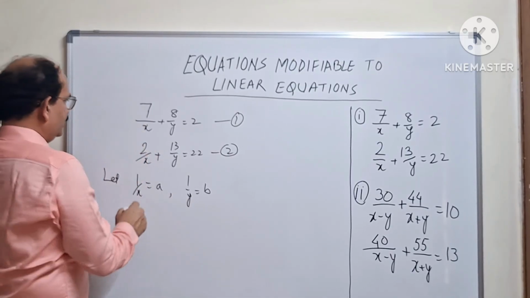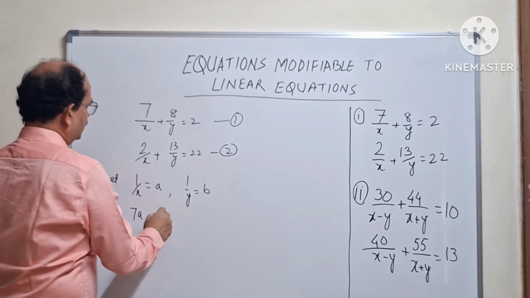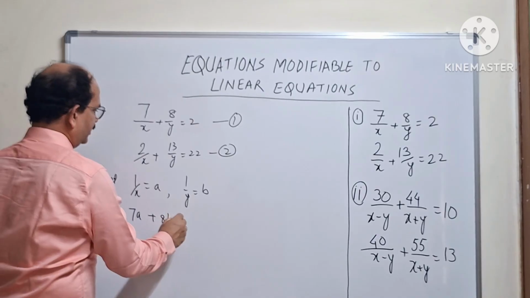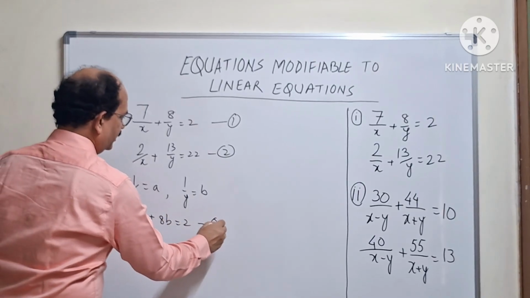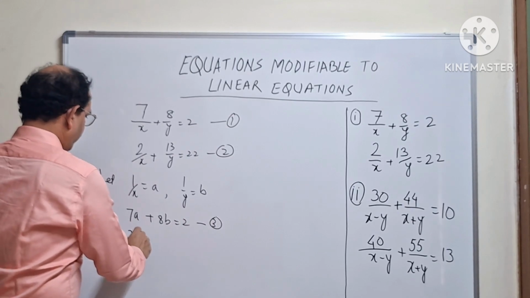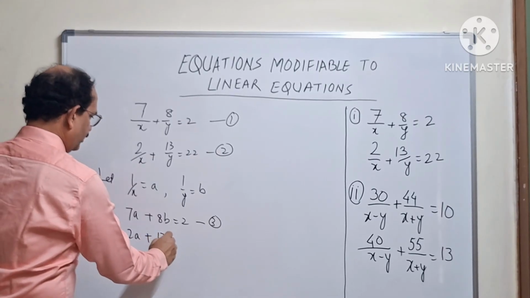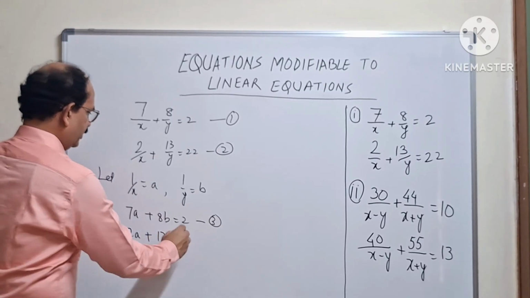Then these two equations will take the form 7a plus 8b is equal to 2. That becomes equation number 3. And 2a plus 13b will be equal to 22.